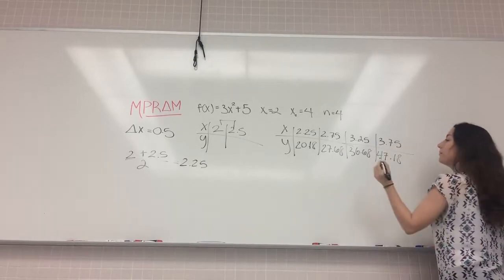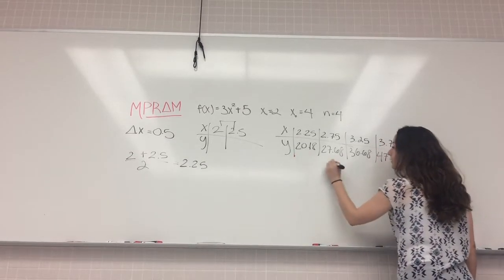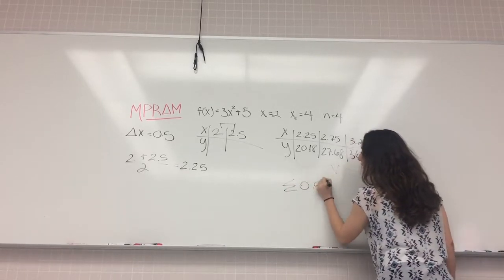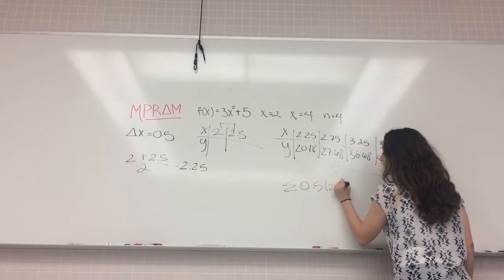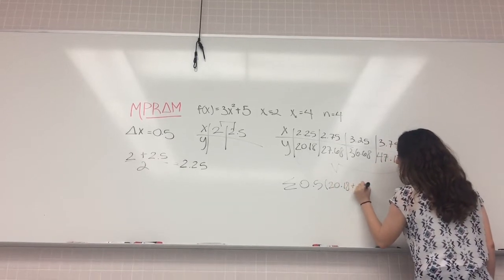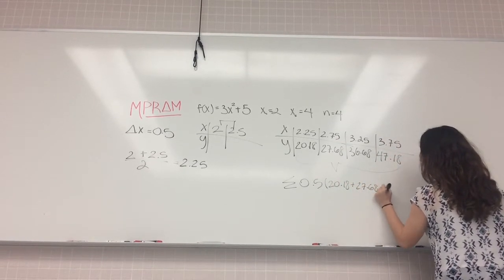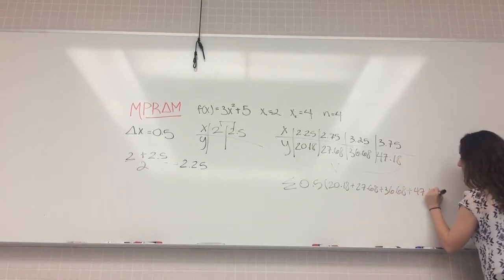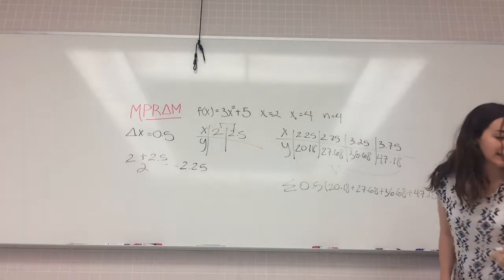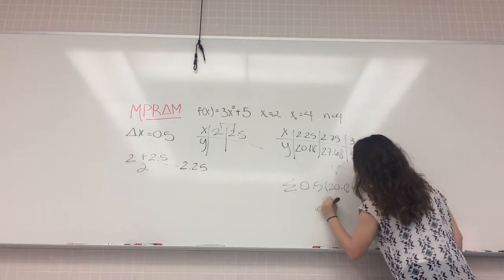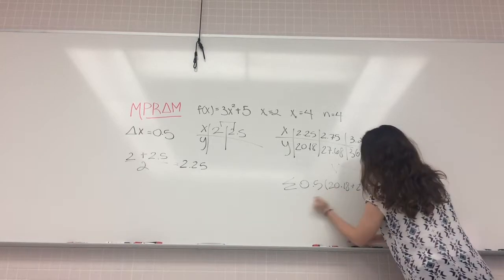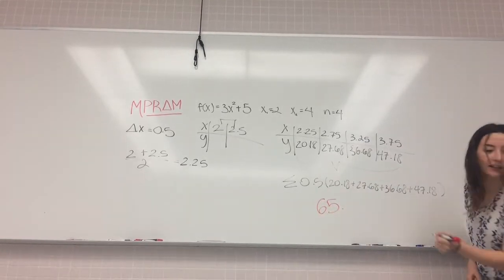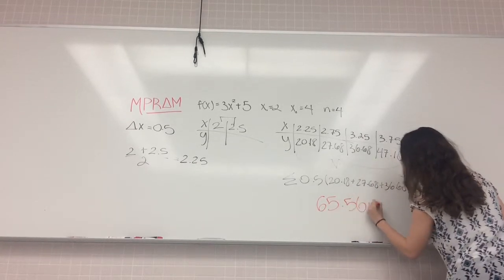Now we have to add all these and multiply it by the delta x. And we get 65.56 units squared.